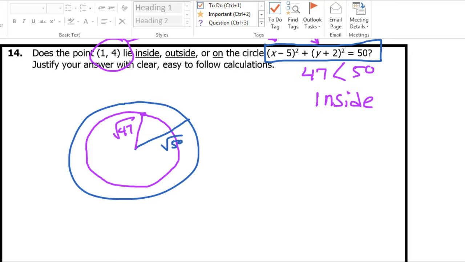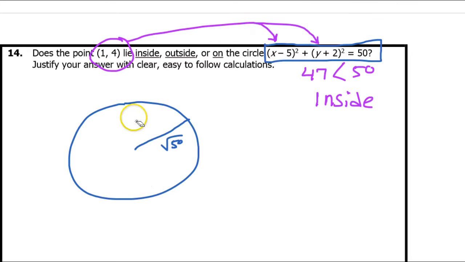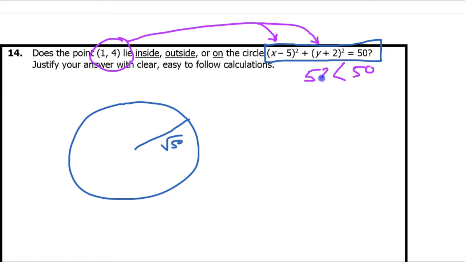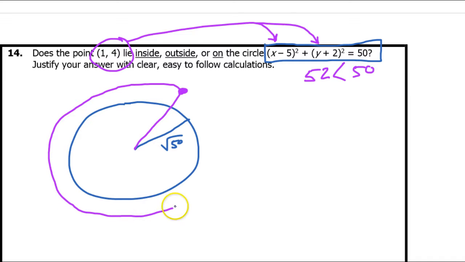On the other hand, if I got a number that was larger than 50, let's say I got 52, then that means this point is not on the circle, but the fact that 52 is bigger than 50 means that this point is on a circle that is larger than the original circle. I know that because the radius is bigger.